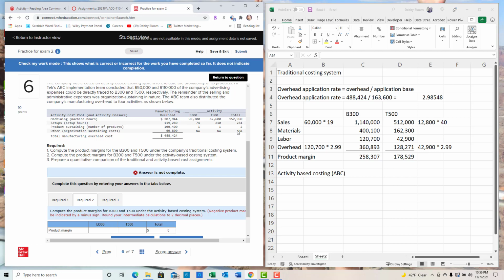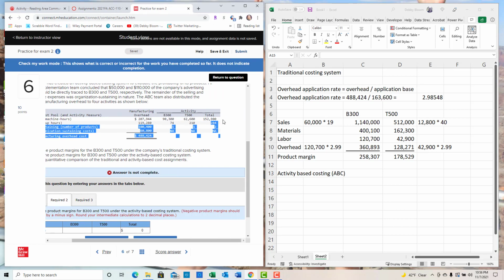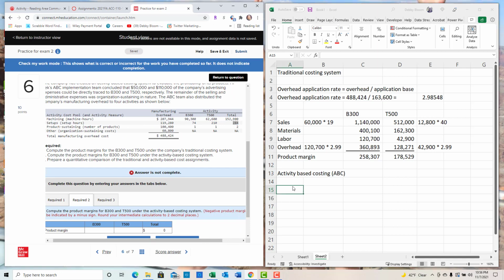We see NA, so it's not going to get allocated to the products. So we're going to allocate our machining, and our setup, and our product sustaining overhead. So for each one, we're going to take the total overhead and just divide it by the total activity on that row.